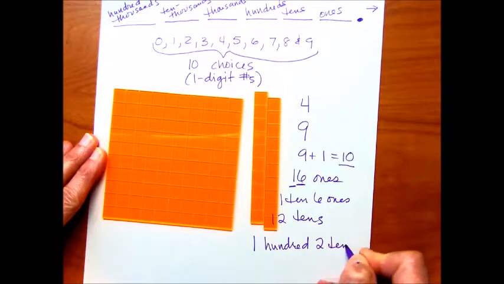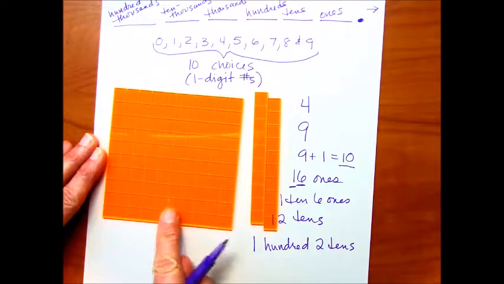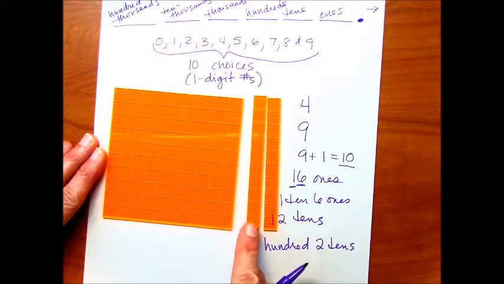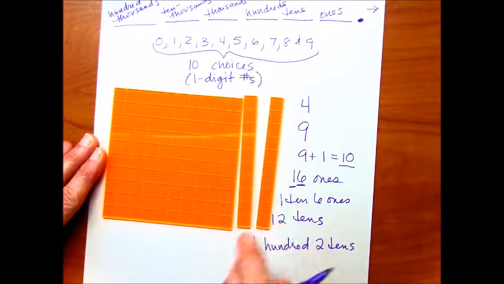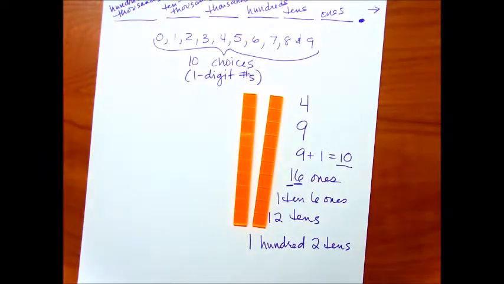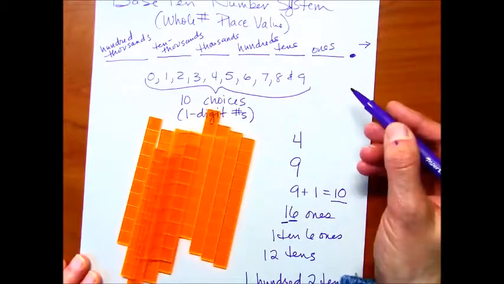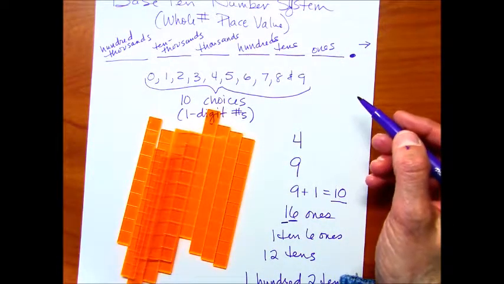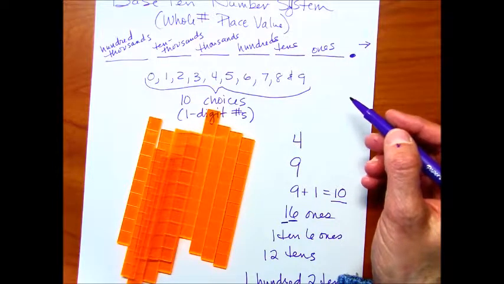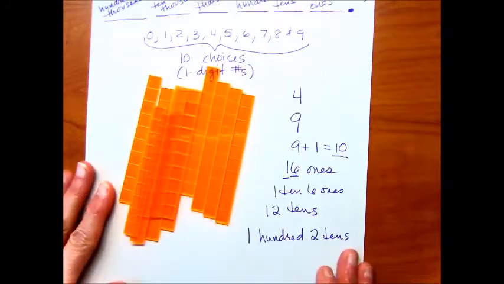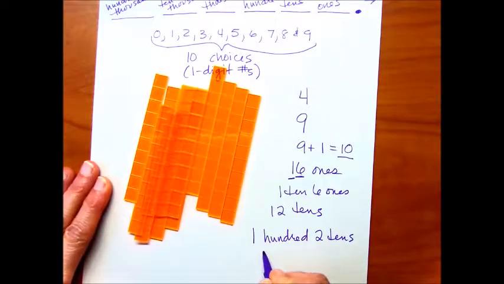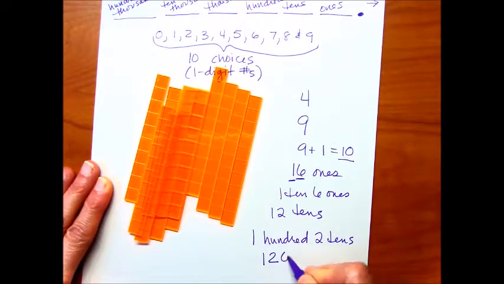So 100, combined with 2 tens, is the same thing as 12 tens, which I had here. But if you're going to use our place value base 10 number system, we have to regroup. We need to trade those 10 tens into 100, and then that would give us the proper way to write it. So now we've got 100 and 2 tens, and we have 0 ones.